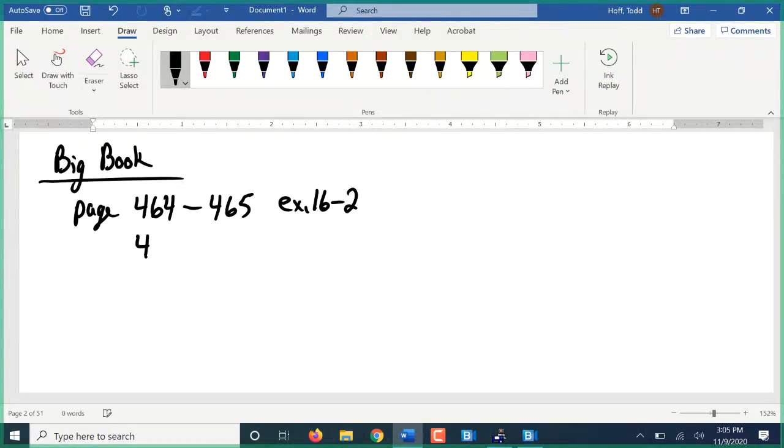Page 466, Exercise 16.3. And page 467, Exercise 16.4.